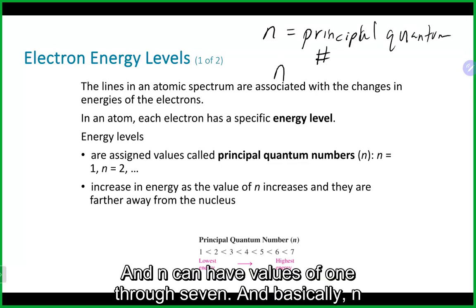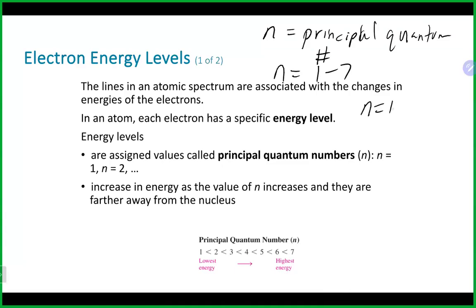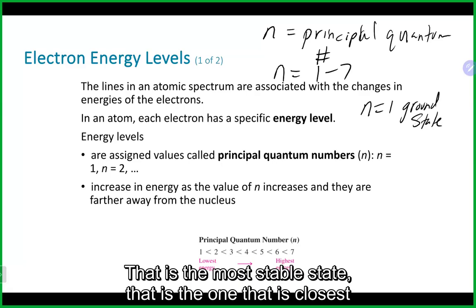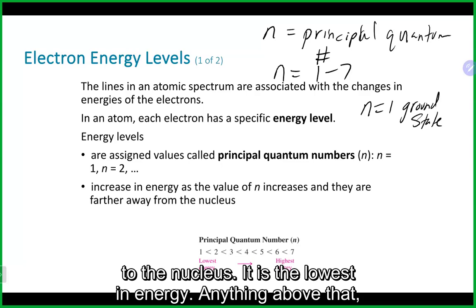And n could have values of 1 through 7. Basically, n equals 1 is what is referred to as the ground state. That is the most stable state. That is the one that is closest to the nucleus. So n equals 1 is the one closest to the nucleus. It is the lowest in energy.